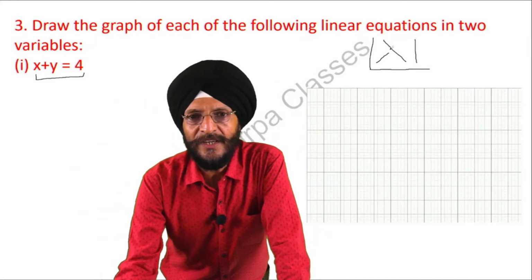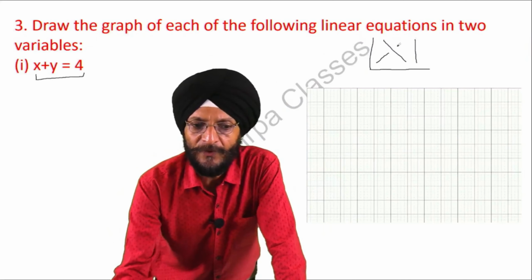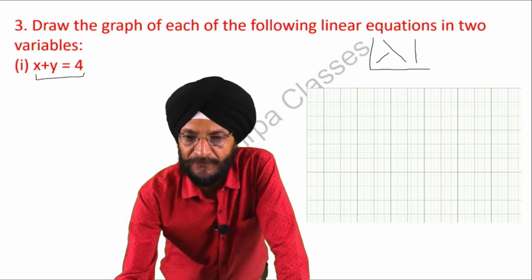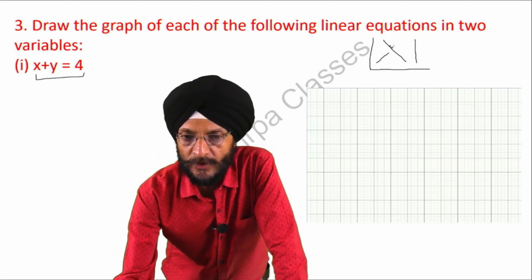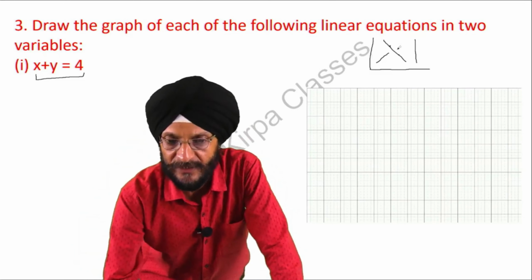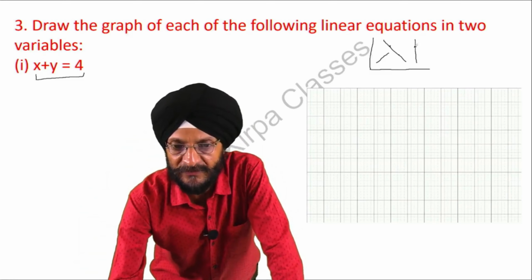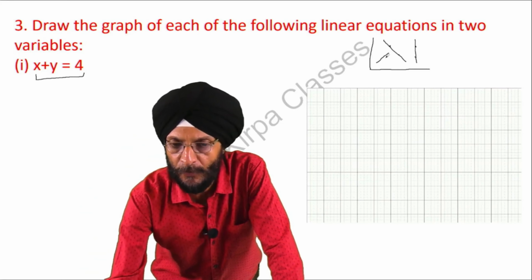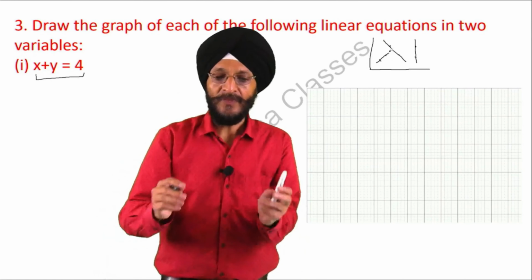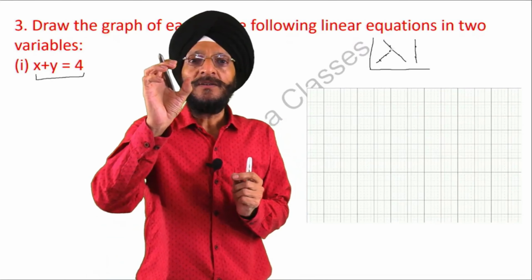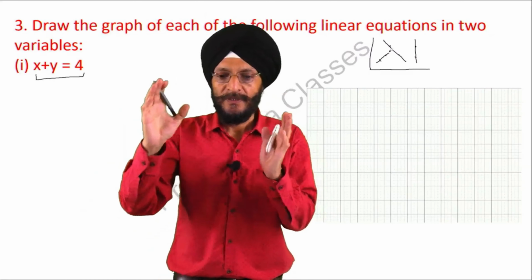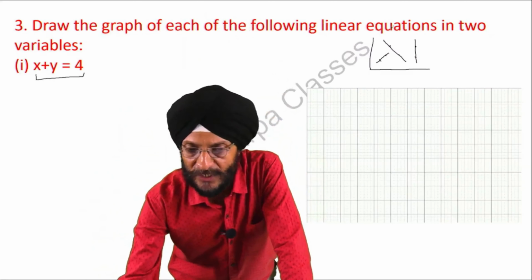Now for drawing the graph of a linear equation in two variables, we must have 2 points so that we can join these 2 points and form a straight line. We must have any 2 points, maybe more than that, at least 2 points. That is, we have to plot the 2 points on the graph so that we can join them.